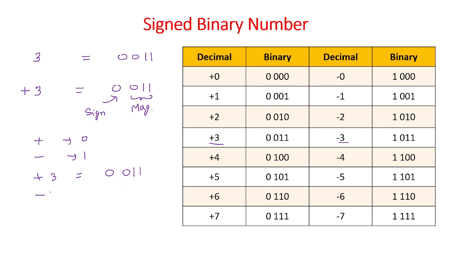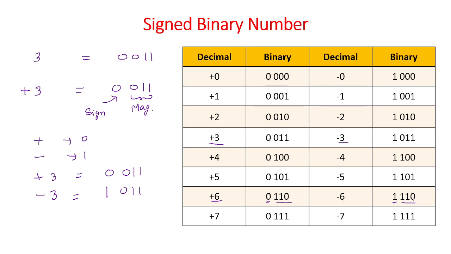If we talk about minus 3, negative will be represented by 1 and 3 will be represented by 0, 1, 1. Similarly, here we can see plus 6. The magnitude of 6 is 1, 1, 0 and positive is 0. And minus 6: the sign is 1, which indicates the negative sign, and 1, 1, 0 is the magnitude of the number.